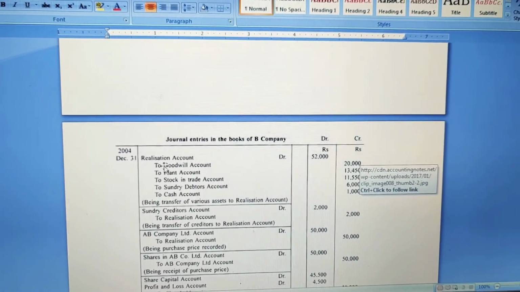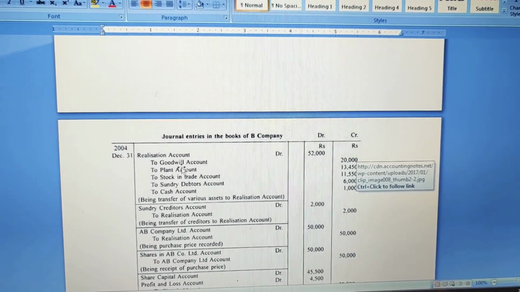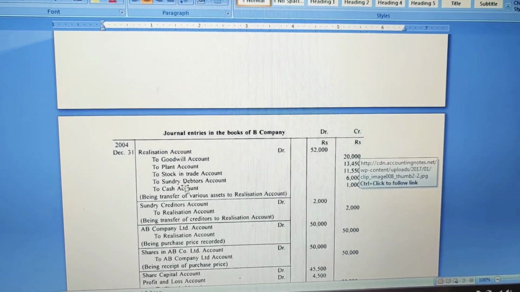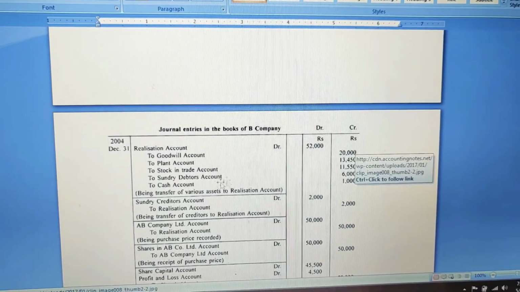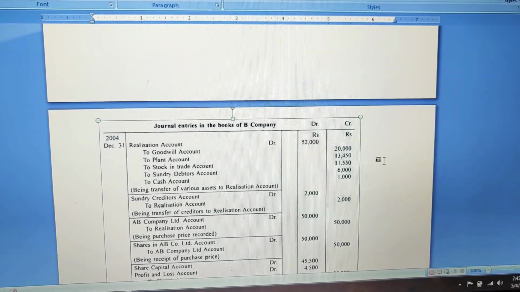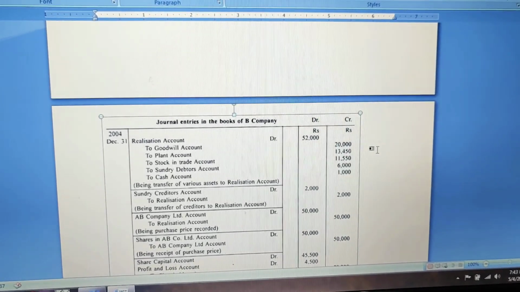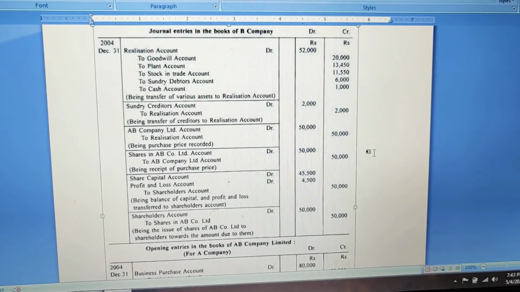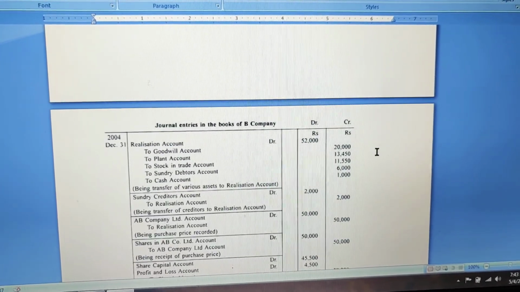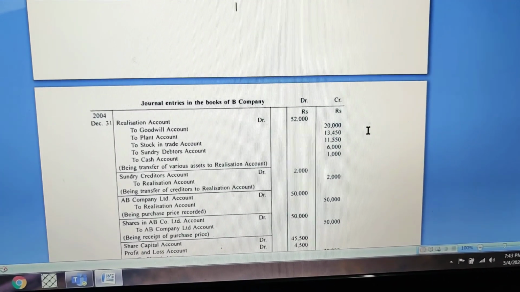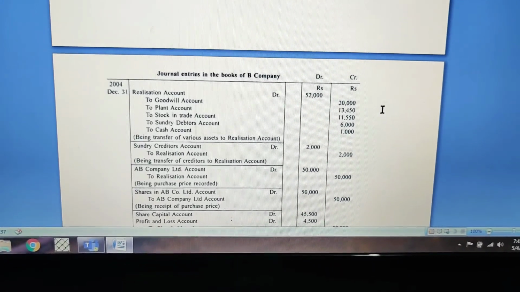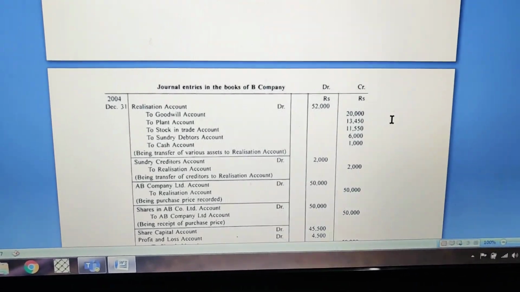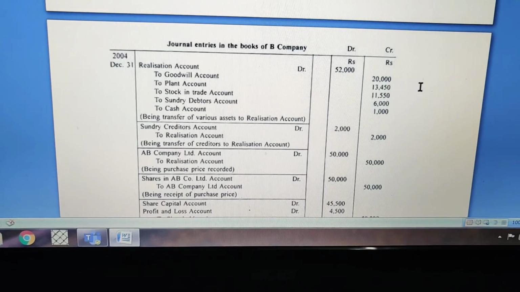Like you can see, realization account debit to goodwill account, to plant account, to stock in trade account, to sundry debtors account, to cash account. Similarly, you will pass all these journal entries in company B's account, and then sundry creditors account to realization account, AB Company Limited account debit to realization account, which is the purchase price recorded.